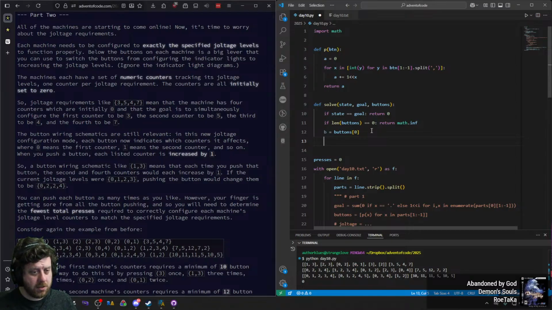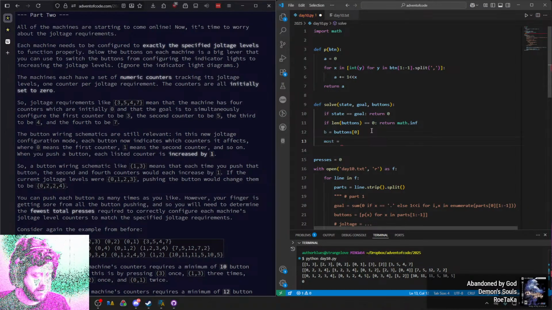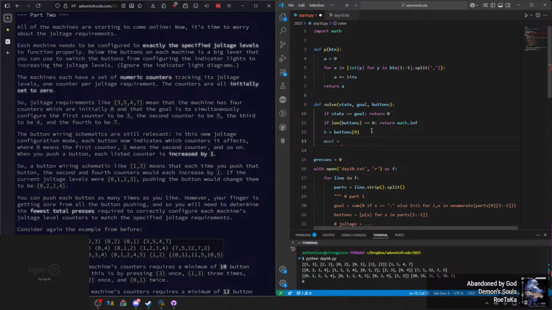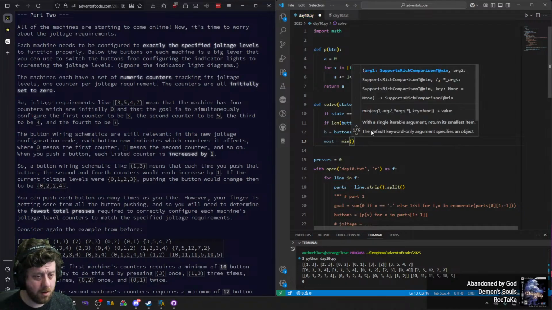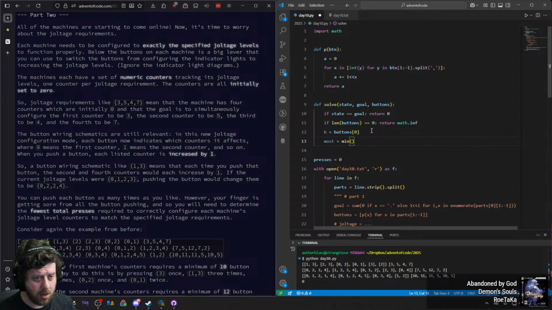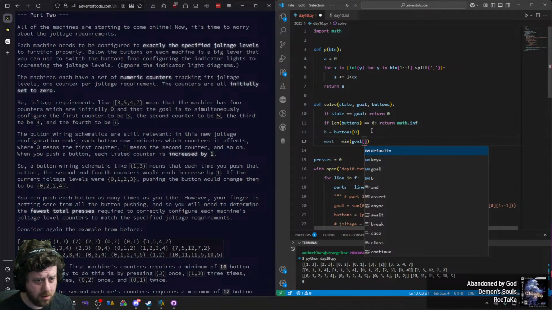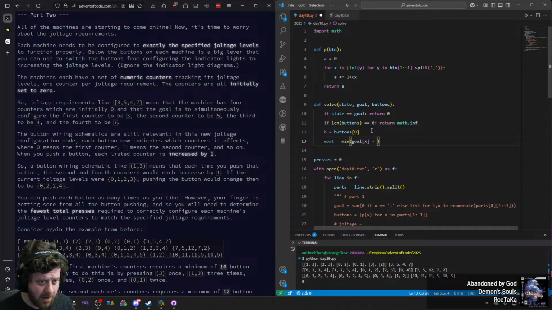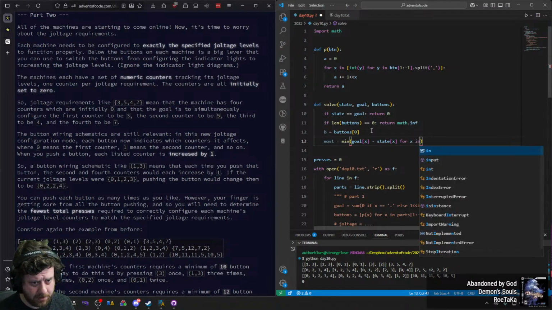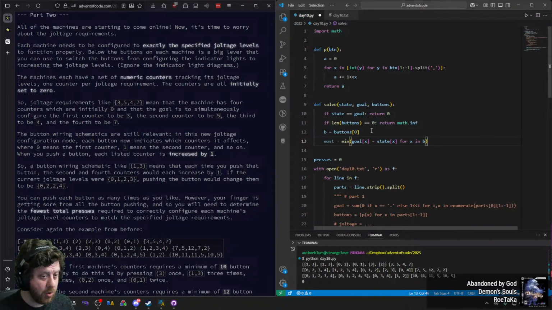And I'm going to look at what's the best. So, most times I can press the button is equal to the minimum across goal x minus state x for x in B. So that's the most times I'm allowed to press the button.